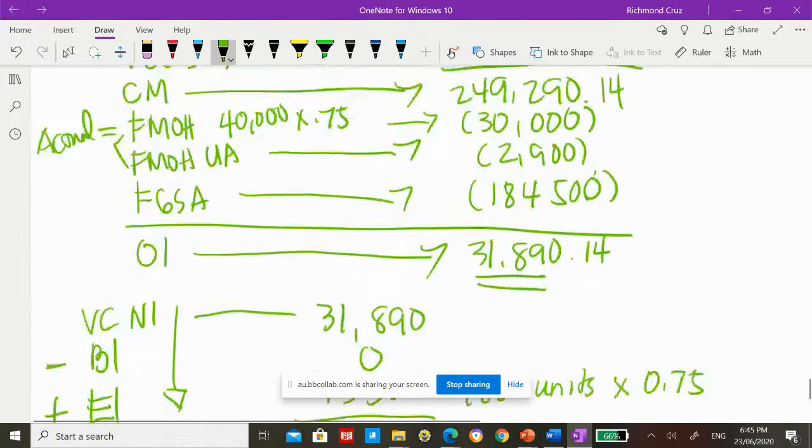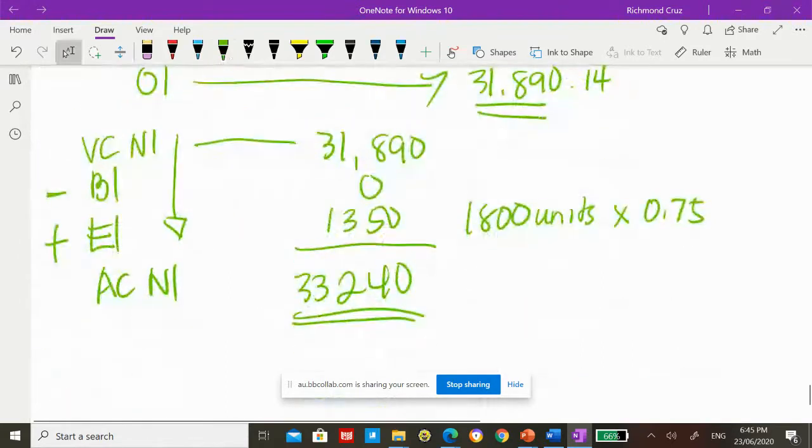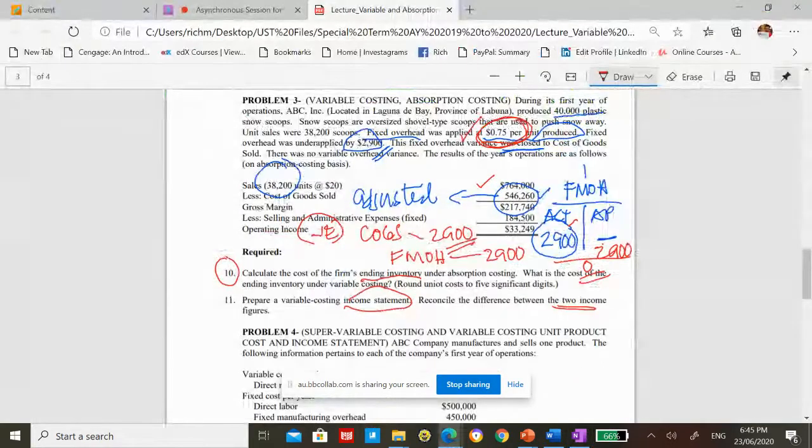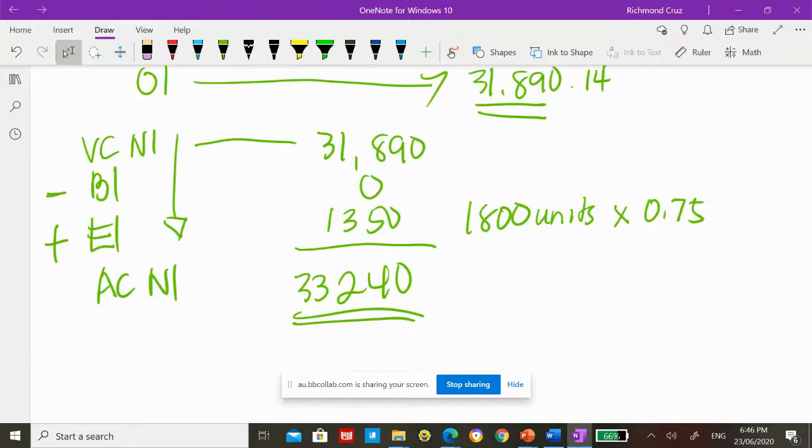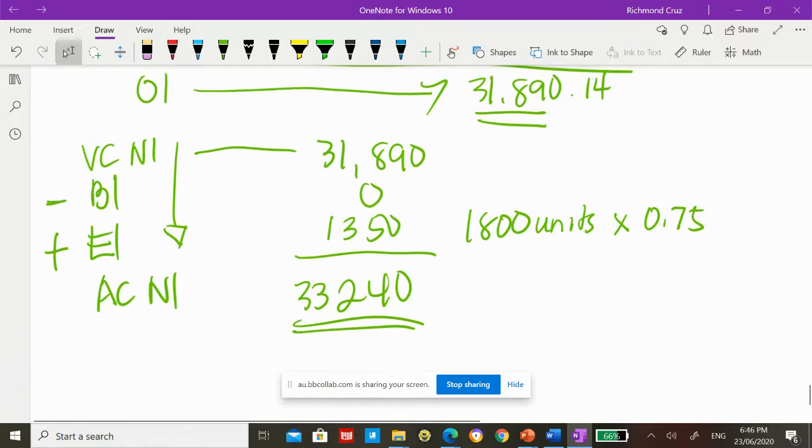So, pag tinignan ko naman sa taas, ay wala. Pag tinignan ko dito, 33,249. So, actually, ang cause ng difference yan, yung rounding off lang. So, hindi ako kasi nag-round off. 31,890.14 plus 1,350. So, that is 33,240.40.